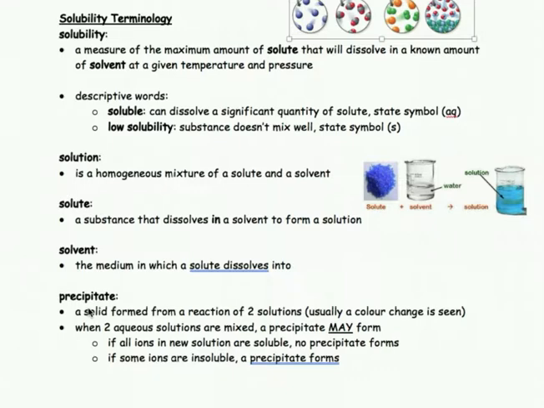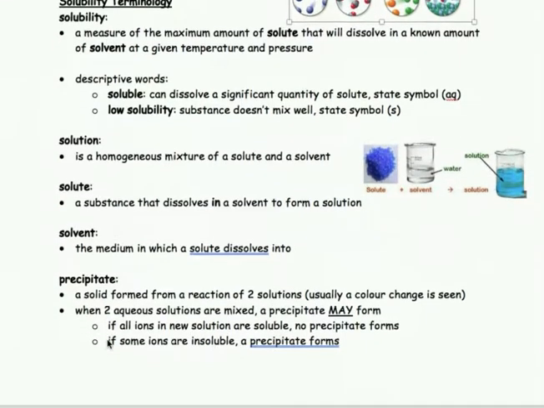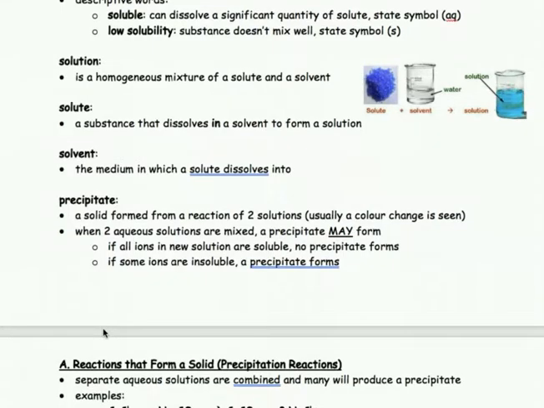Okay, so if you were in the lab and you were taking a couple aqueous solutions and mixing them together, and then suddenly a solid forms, then you would say you observed a precipitate. Okay, so you're not going to use words like it curdled, it's cloudy, and stuff like that anymore. So we're going to be analyzing chemical formulas and reactions today, and determine if a precipitate will form or not.